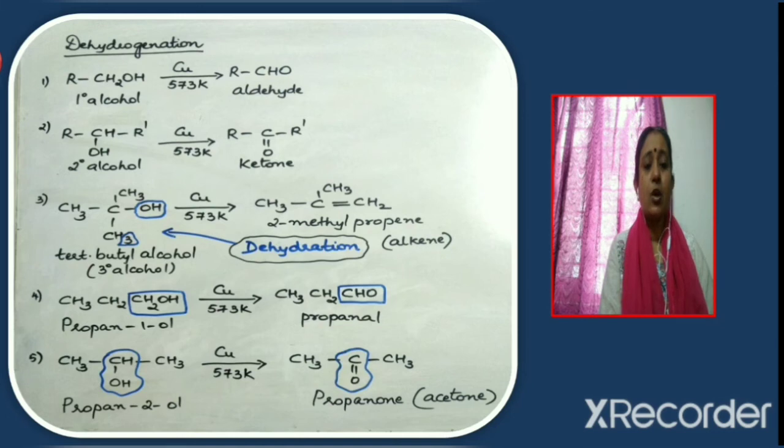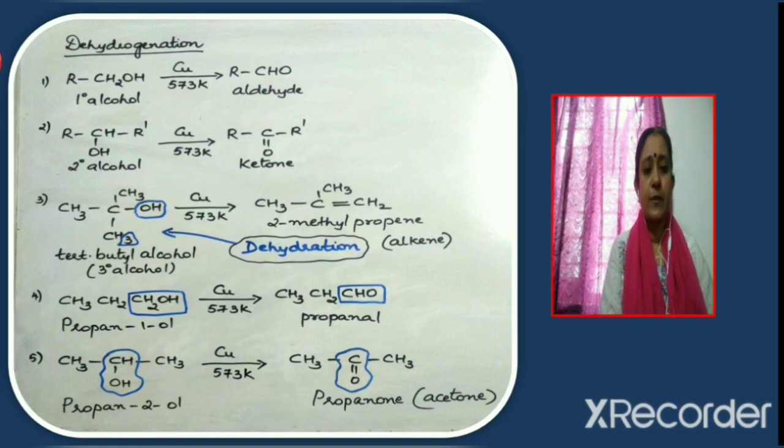A secondary alcohol RCHOHR' when treated with copper catalyst at 573 Kelvin undergoes dehydrogenation and gives ketone as the product. RCOR' is obtained in this case. So in both these cases, that is with primary and secondary alcohols, it is dehydrogenation reaction or removal of hydrogen which takes place.